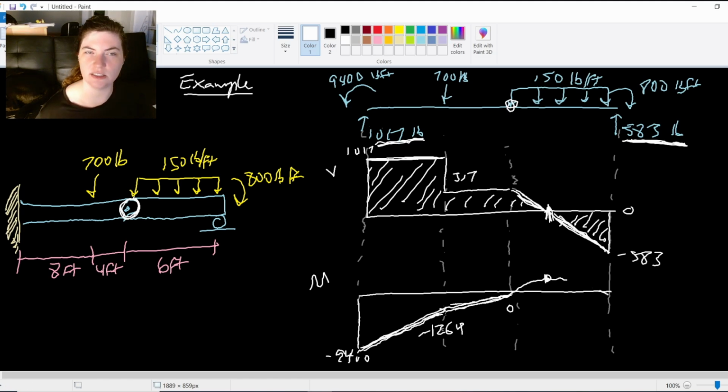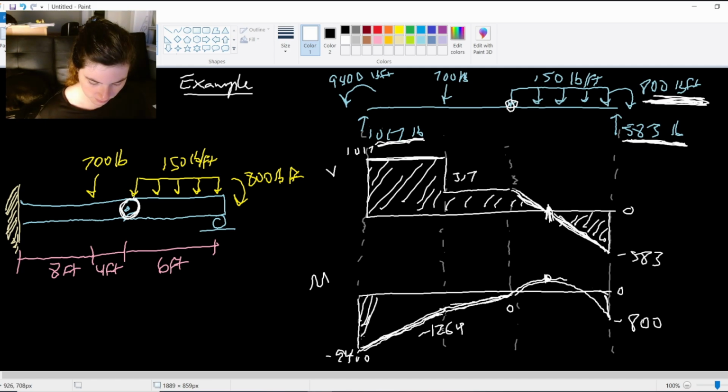Does it end at 0? It actually doesn't, because we have this applied moment on the end here, which is going to shoot it back up by 800. So this parabola comes up, hits its max, comes back down underneath, hits negative 800, and this pops it back up to our 0 value. So now I've got my shear and moment diagram for this beam that has this internal hinge.